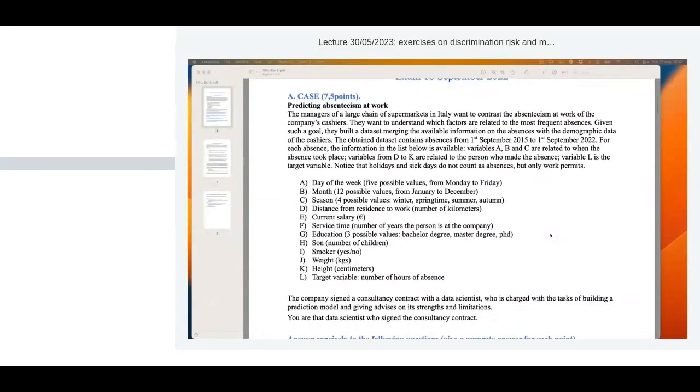I repeat, only for recording purposes, so that people who are absent can listen, that the 2 previous measurement issues were not tracking Saturday and Sunday, because a chain of supermarkets is reasonably expected to be open at least on Saturdays, and the education level with only 3 possible values.